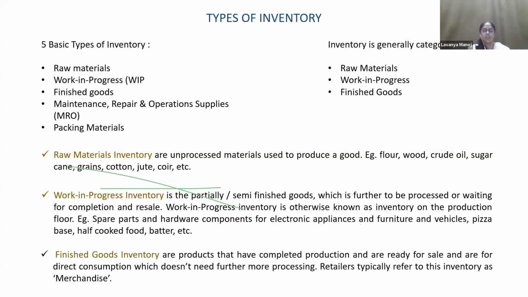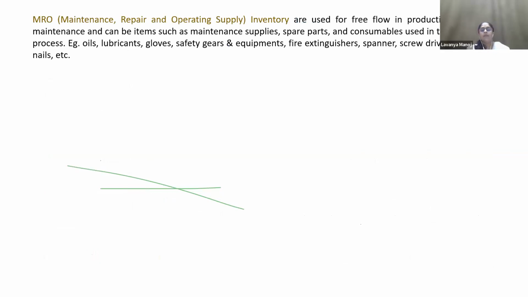And then we have finished goods inventory, which has completed the process. No more processing is required for these goods. And then we have MRO inventory. This inventory supports the production process, the operations process, or the warehousing and storage process.